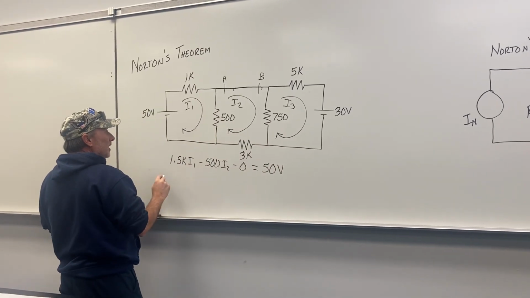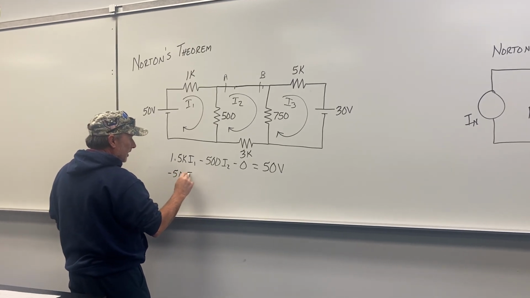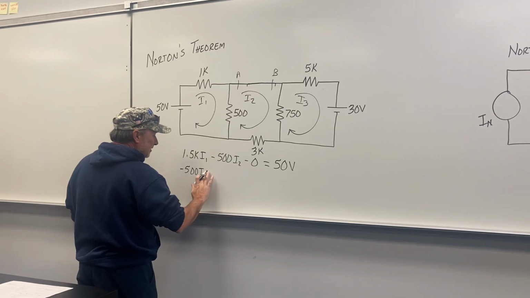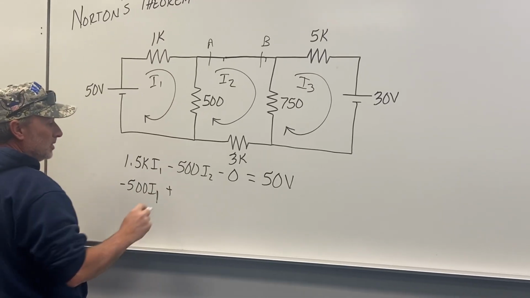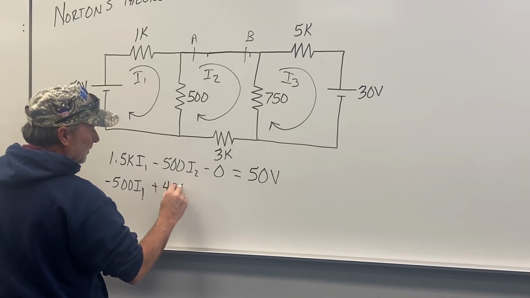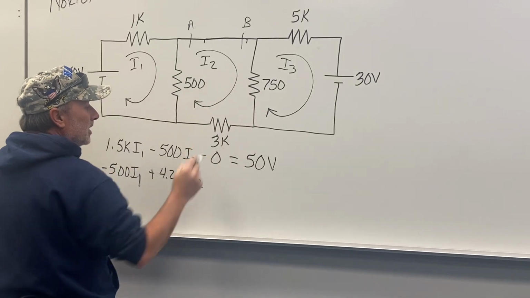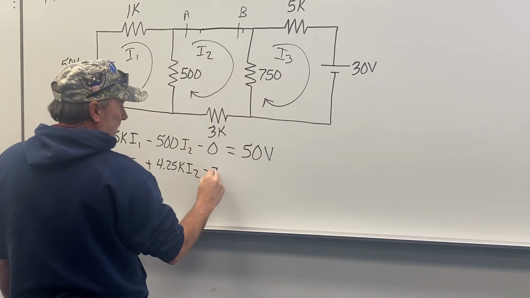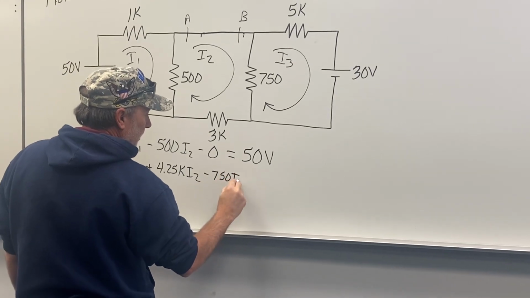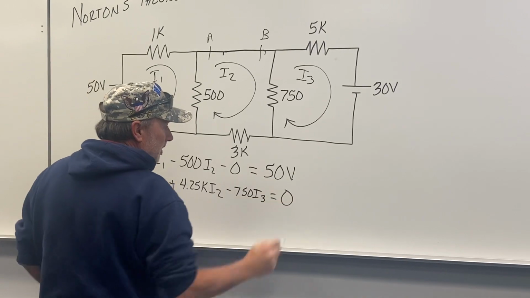Then we do I2: everything touching I1 and I2, negative 500 I1, sorry, plus everything touching I2, which is 4.25K I2, add these three together, minus what's touching I2 and I3, 750 I3, equals no voltage source, so equals 0.